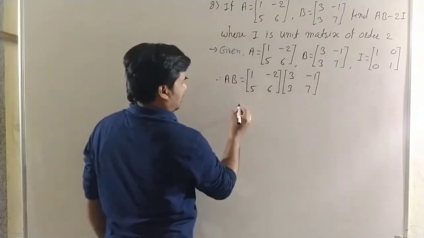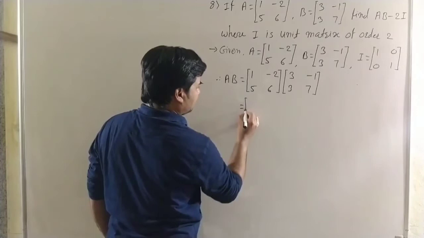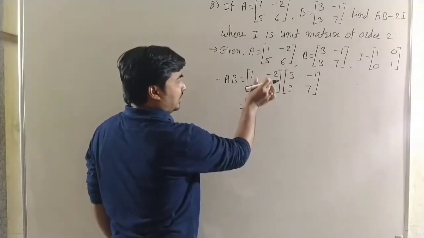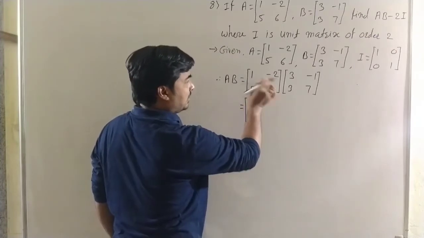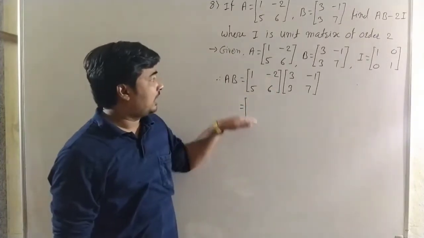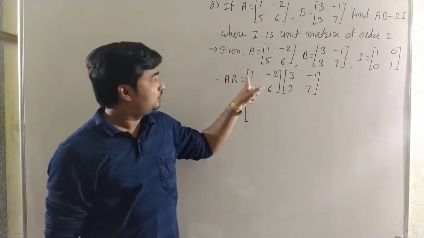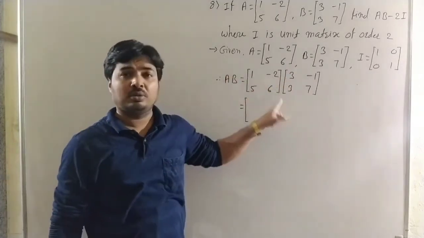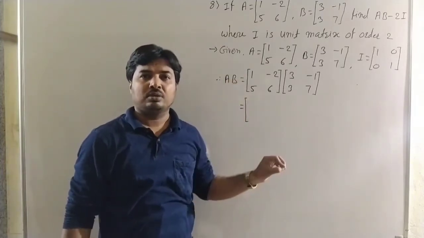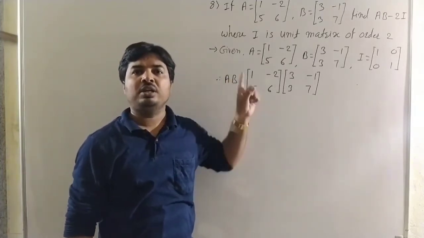Now for the multiplication, we take a row from the first matrix A and a column from the matrix B and multiply the corresponding elements from the row and column, and the result is the addition of the products of corresponding elements.